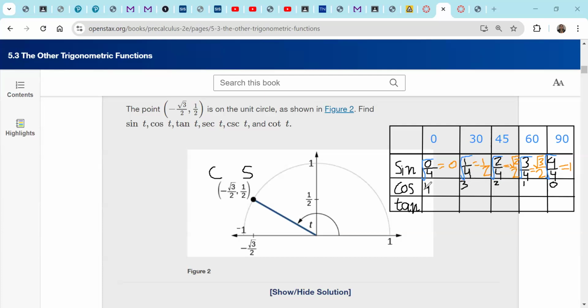Then we divide each number by 4 and take a square root again. Divide by 4, divide by 4, divide by 4, divide by 4, and then divide by 4. And then you take a square root on all of them again.